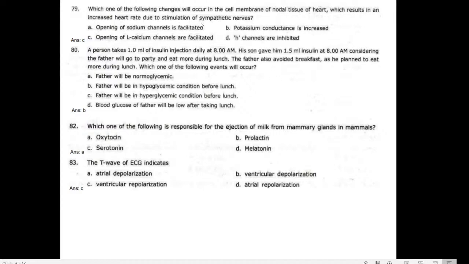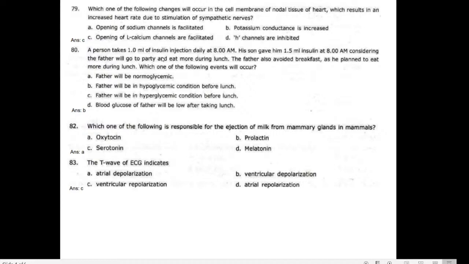How does it happen? Opening of L-type calcium channels is facilitated. The increase of heart rate due to the stimulation of sympathetic nerves occurs due to the facilitated opening of calcium channels.